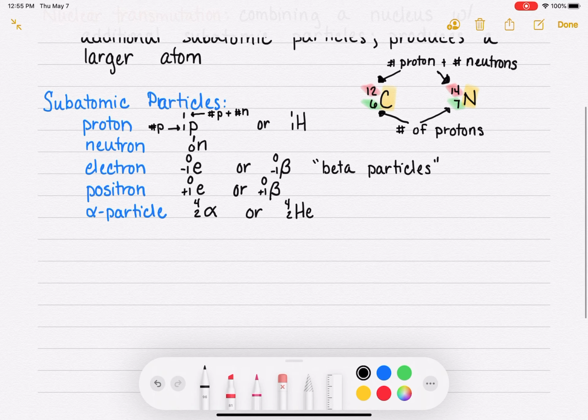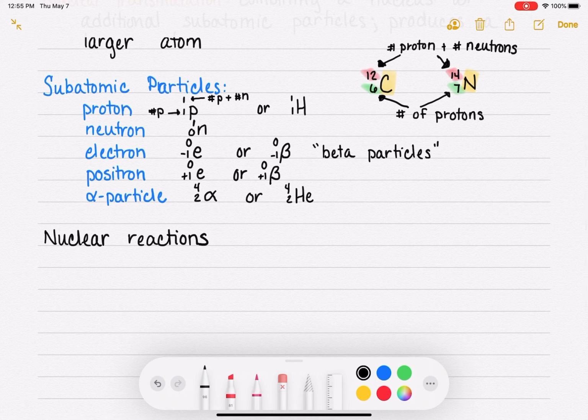So what we're getting ready to do right now is learn how to balance nuclear reactions. When we're writing a balanced equation for a nuclear reaction, we balance them not in terms of atoms like we normally would, but we balance them in terms of subatomic particles.